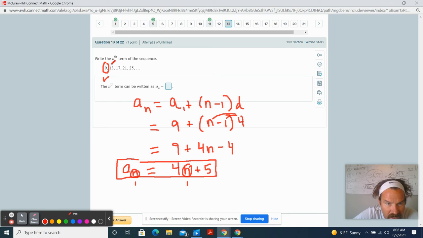Let's see, if n is 2, you should get 13. If n is 2, 2 times 4 is 8. 8 plus 5 is 13. So it's an equation that gives you the value of the term, and that's how we're going to put that in there.